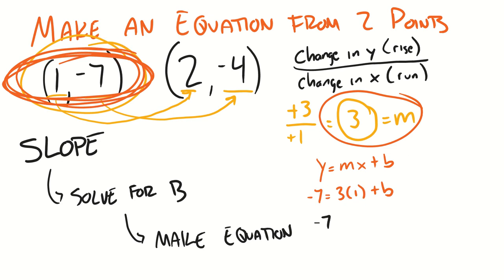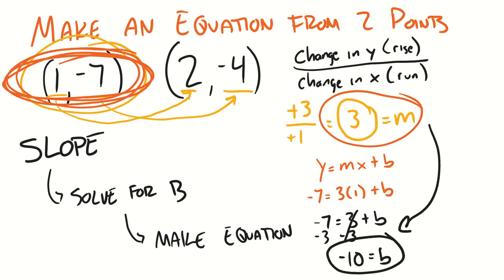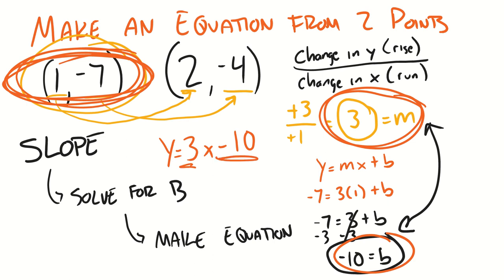This gives me -7 equals 3 plus b. To get rid of this 3, I'm going to need to subtract 3. -7 minus 3 is -10, so b equals -10. I now have the two things I need, an m and a b. This is going to give me y equals 3x minus 10. M and b.